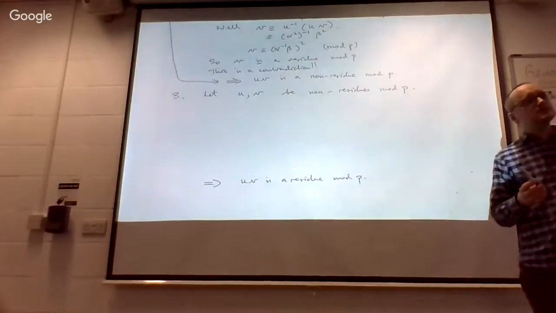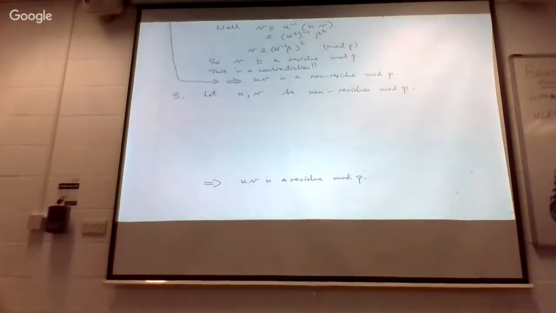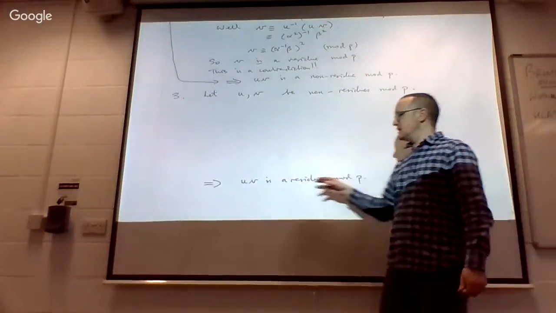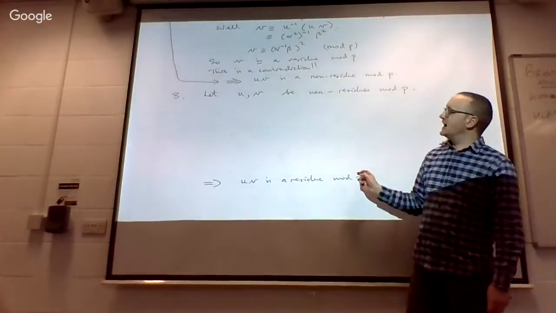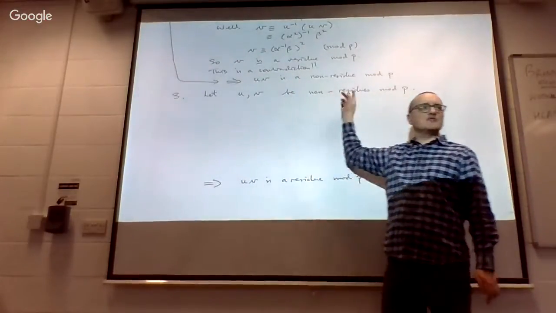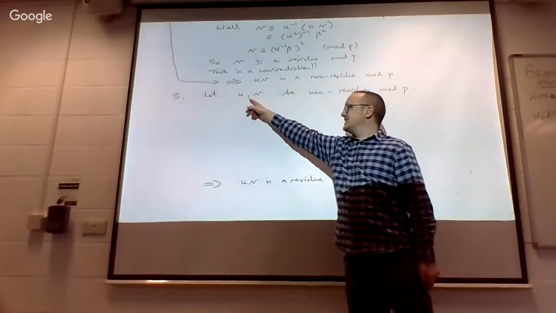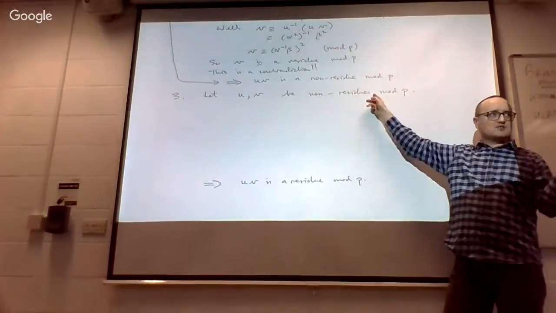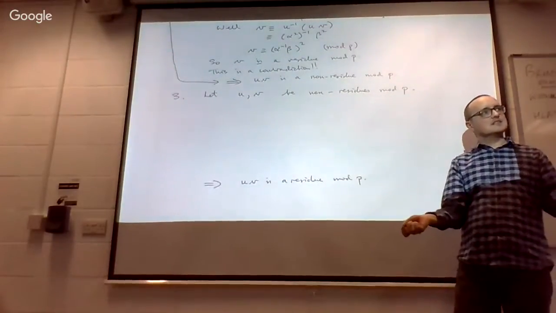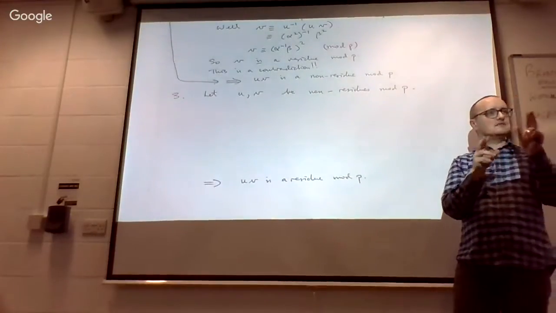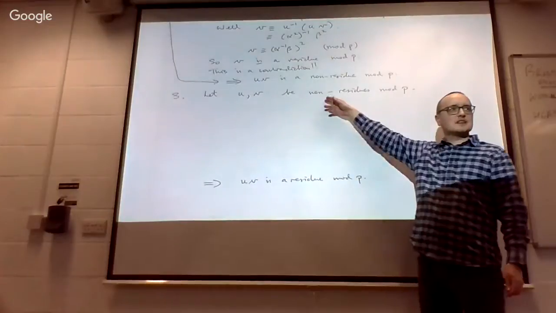Contrapositive. Okay, so what's the contrapositive? If U and V are non-residues, then UV is a residue. Yeah, so you didn't say it quite right. The contrapositive would be UV is a non-residue implies it's not the case that they're both non-residues. The negation of this is they're both residues, or one is a residue and one isn't, or vice versa. So there's actually three subcases, or at least two subcases there.